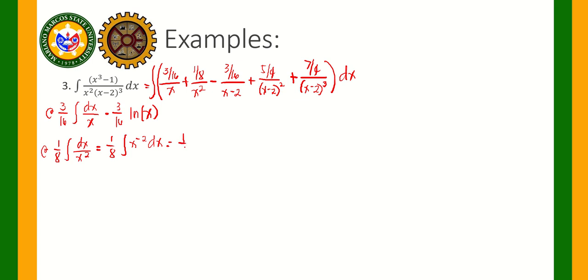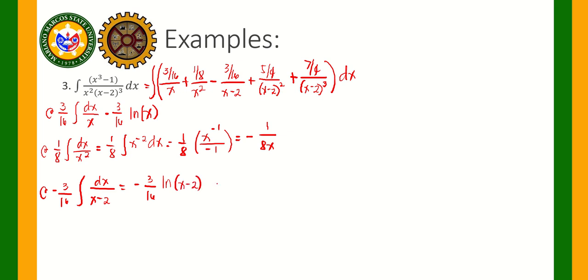So this will be equal to 1 over 8 times x raised to negative 2 plus 1, that is equal to negative 1 over negative 1. Okay? So, if we rewrite this, we bring down x since the exponent is negative. And this is negative, so that is equal to 1 over 8x. Okay? So, for the third term, we have negative 3 over 16, the integral of dx over x minus 2. So, this will be equal to negative 3 over 16 ln of x minus 2.